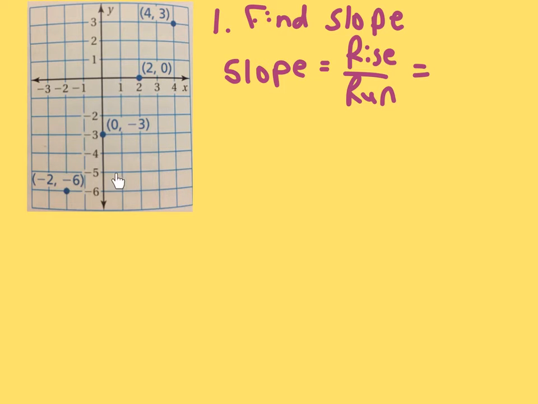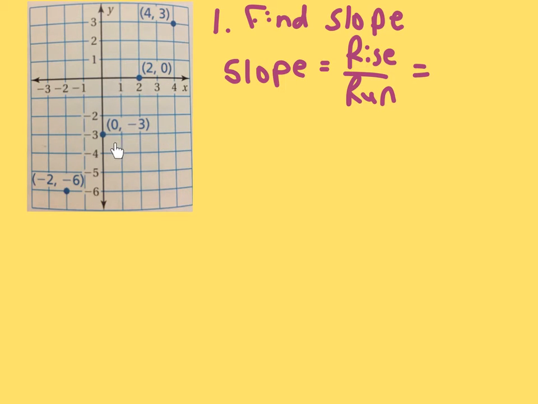But just for here, let's choose (0, -3) and (2, 0). We're going to find our slope. We work our way from left to right, and from left to right, this graph goes up. So we know that our slope should be positive, because we're going uphill.